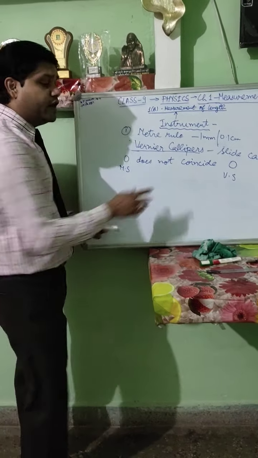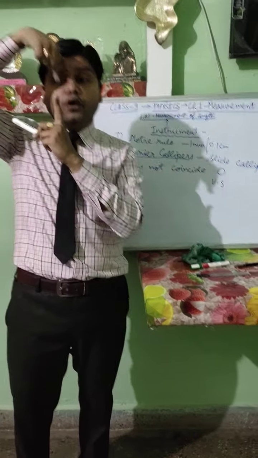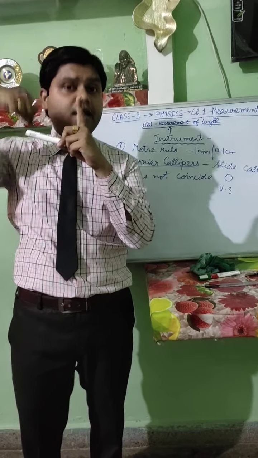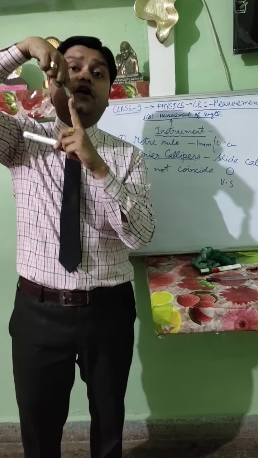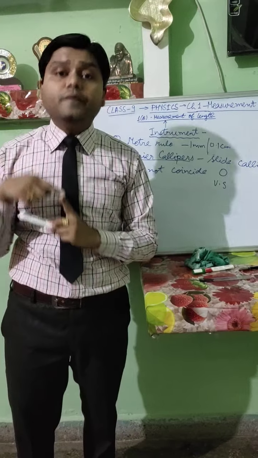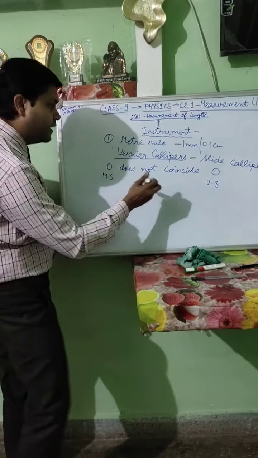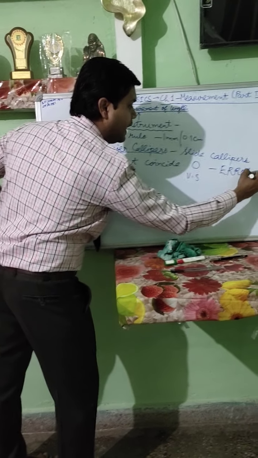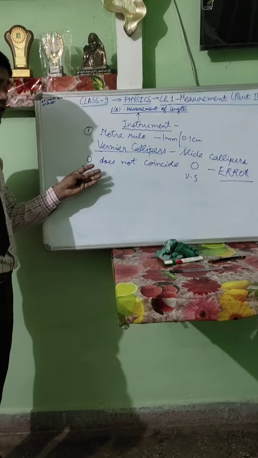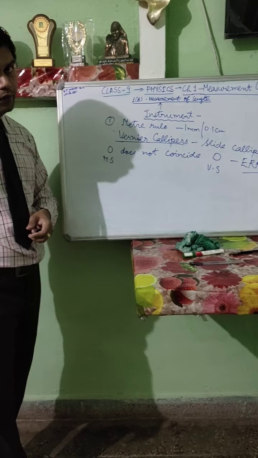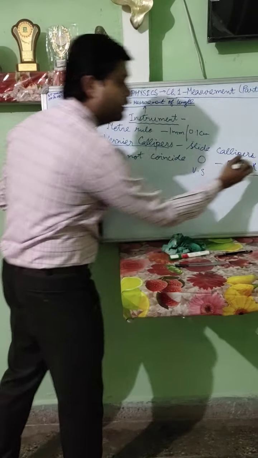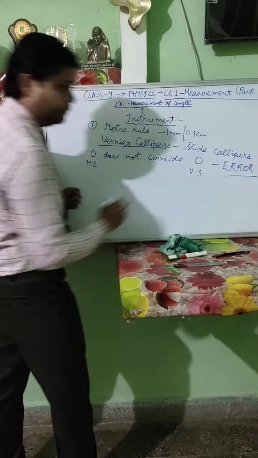If zero of the main scale and zero of the vernier scale are not in one line with each other, it means there is error in the vernier calipers. And if there is error, will the instrument give the correct reading? No, the instrument will not give the correct reading. So now error is contained in it.